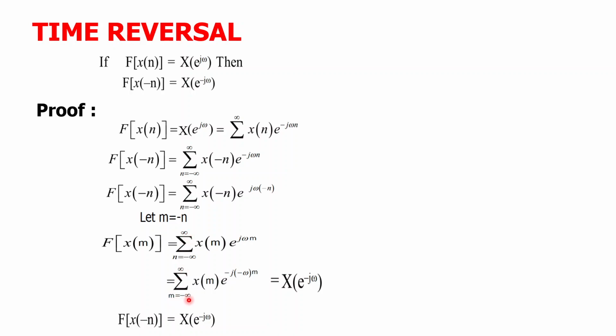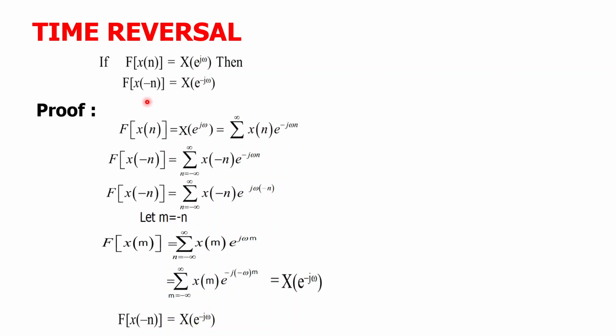So m goes from minus infinity to infinity, x of m e power minus of minus omega m. Minus minus will become plus, so it looks like e power minus j omega m. In place of omega we are having minus omega, so we can write it as x of e power minus j omega.